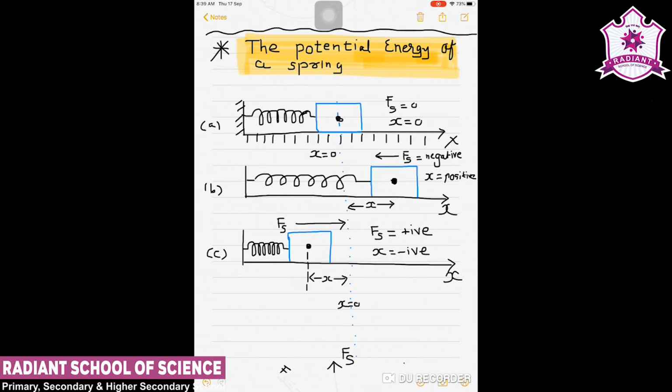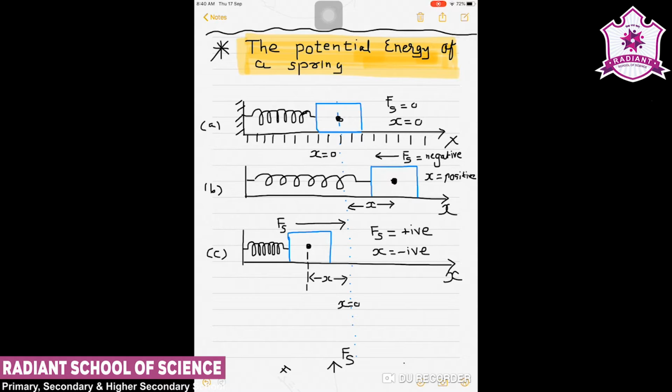So the first figure shows us that the block, which is of blue color, is resting at x equals 0 on a horizontal smooth surface. Now one end of the block is attached to a spring, and on the other end, suppose we are applying some external force.